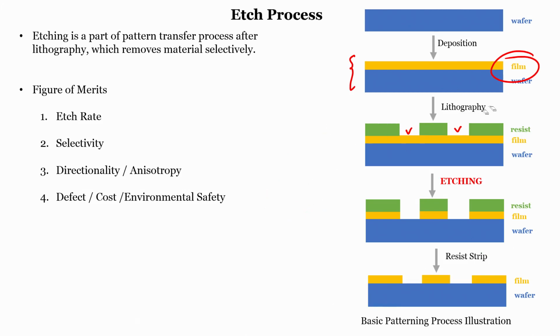I will tell you in detail what wet etching and dry etching are, but before that let us take an example so you understand in detail. The figures of merit for this are etch rate, selectivity, directionality, anisotropy, defects, cost and environmental safety.